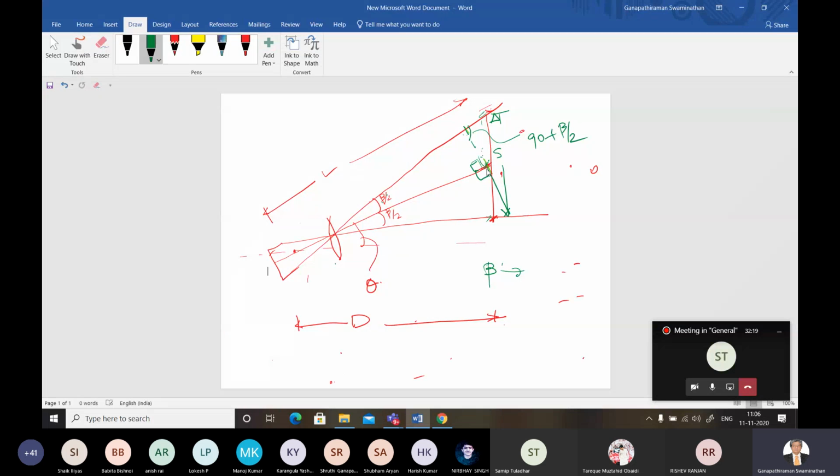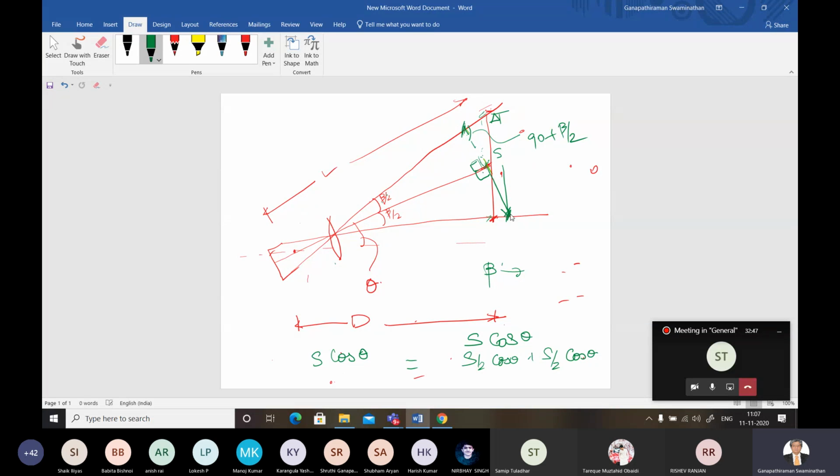The component of this is s by 2 cos theta. The total is s by 2 cos theta plus s by 2 cos theta, so it is equal to s cos theta. Agree? S cos theta is this.